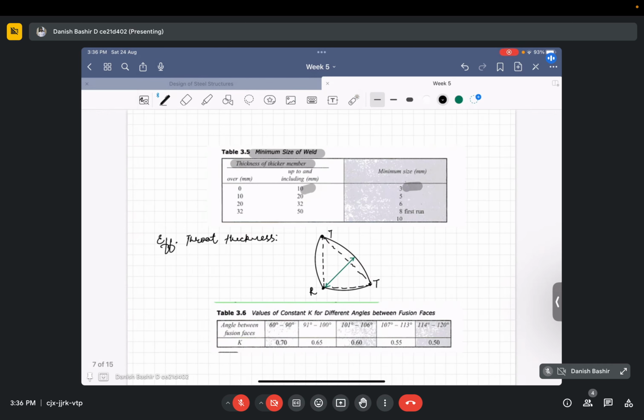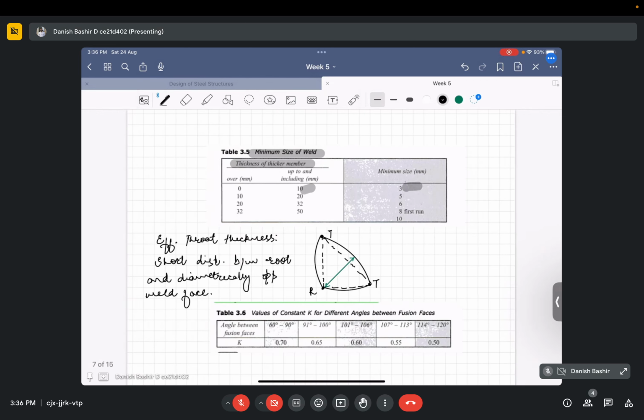The shortest distance between the root and the diametrically opposite weld face. What is the opposite weld face that lies in the diametrical direction? We call the distance between the root and that side the effective throat thickness.